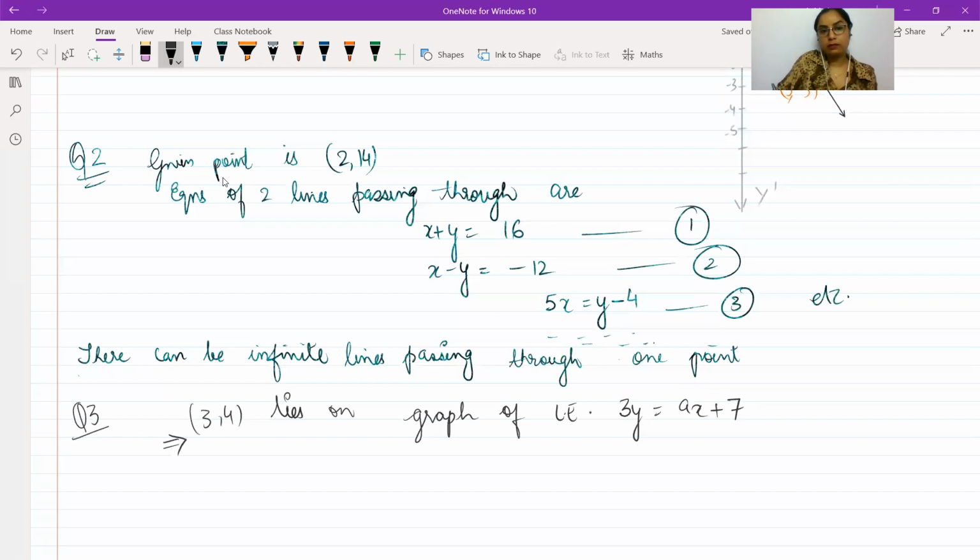This means the values of x and y that you obtain, x as 3 and y equals 4, is a solution of the given linear equation. And then you can just use the values and solve.